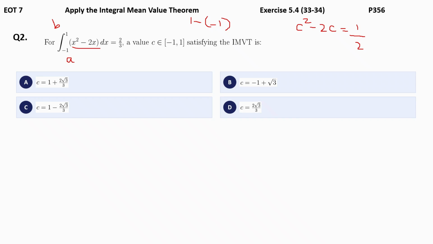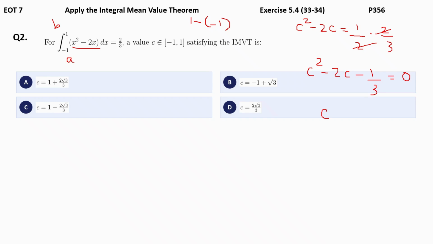Now what about the integral value 2 over 3? So you cancel 2 and 2 and transpose 1 over 3 to the other side, and you can use your calculator to solve the quadratic expression by entering the a value as 1, b value as negative 2 and c value as negative 3.